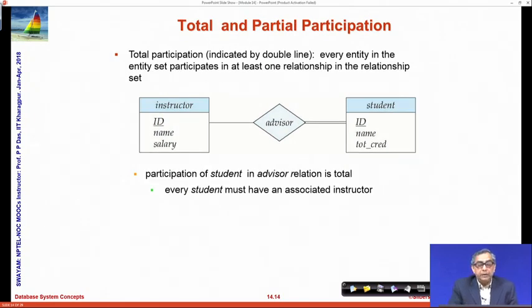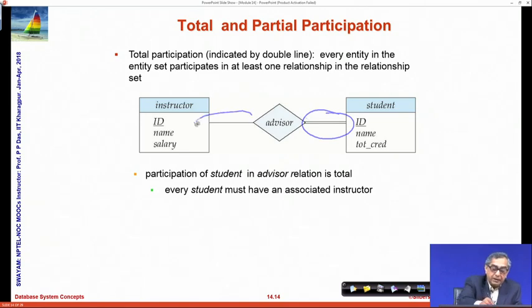A relationship could be total or it could be partial. If one side of the relationship is total, then we draw a double line. So, you can see here in the diagram we are drawing a double line, which means that in the advisor relationship the involvement of the student is total, which means that every student must feature in the advisor relationship, or in other words every student must have an advisor.